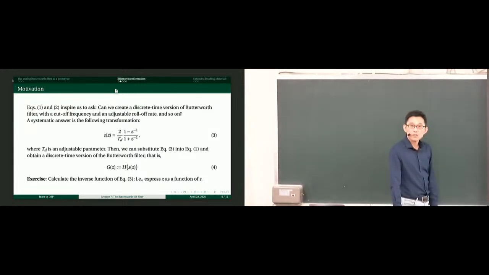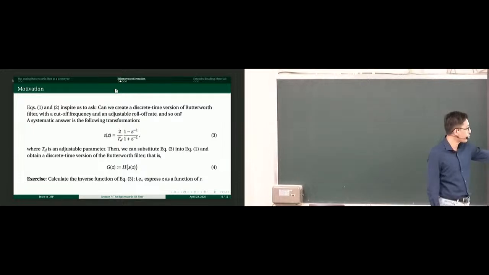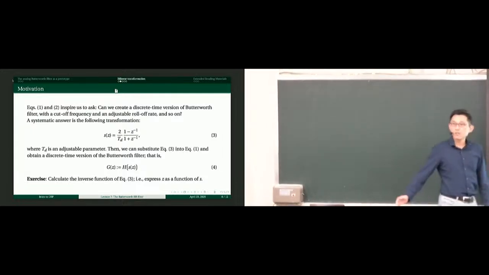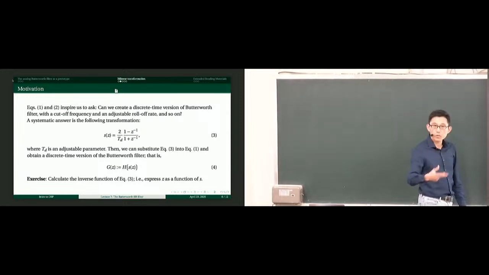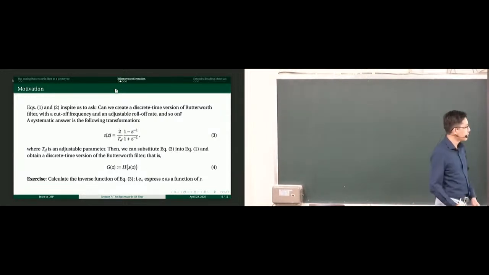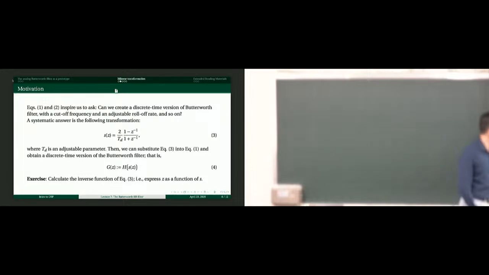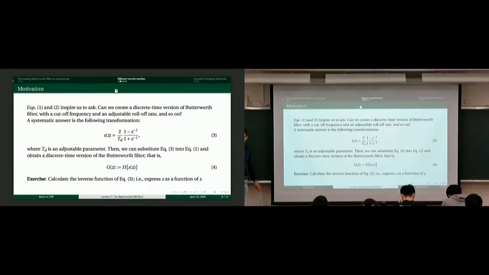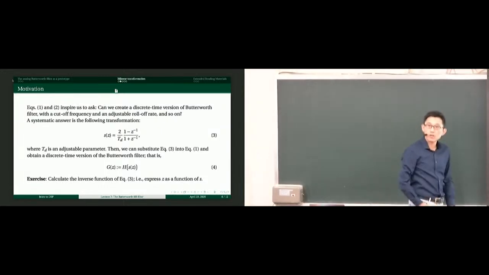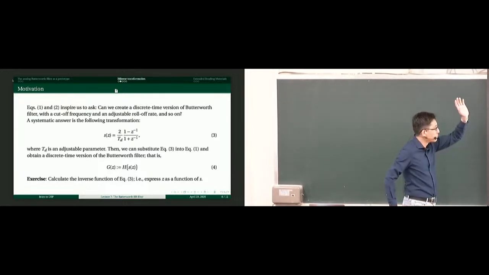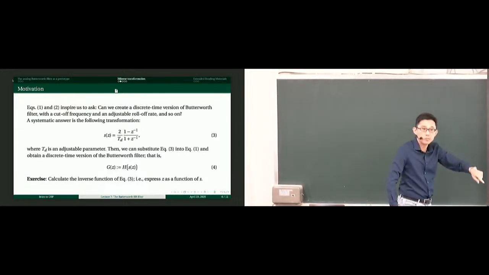It's that simple. Start with an analog prototype and substitute S as a function of Z, a change of variable. By doing this substitution, we have a function of Z, and we claim that G of Z, if you organize the top and bottom, is in general our old friend B of Z divided by A of Z. You can write it in that format.